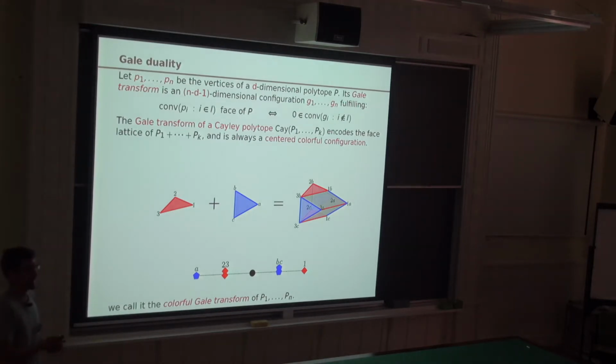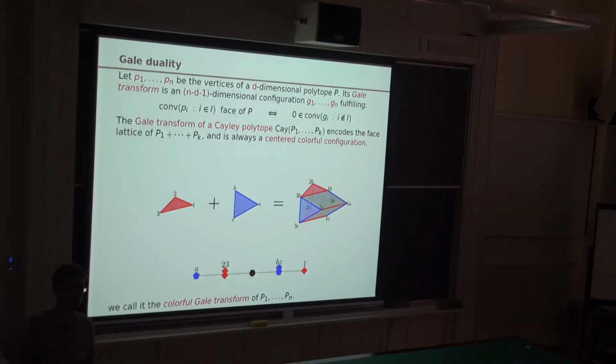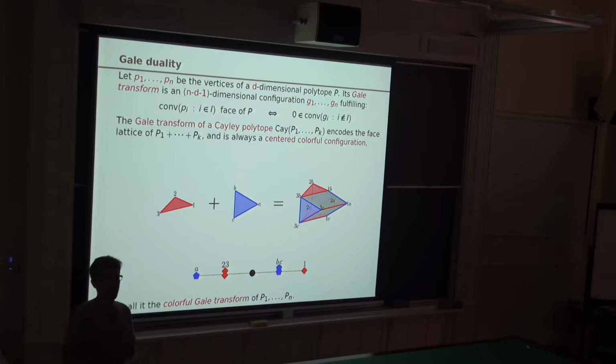So what is interesting is that if you take a Cayley polytope, then you have your Gale transform. It's naturally a colored point configuration because each vertex had already a color in your Cayley polytope. And if you look at it, actually the characterization of being a Cayley polytope is exactly being centered.